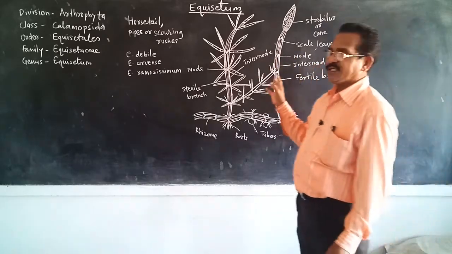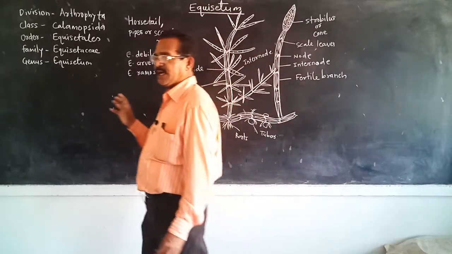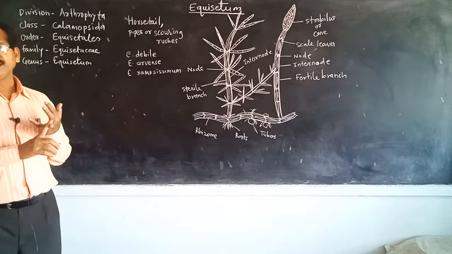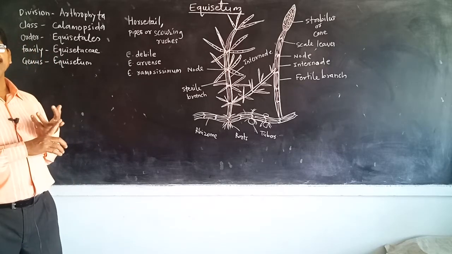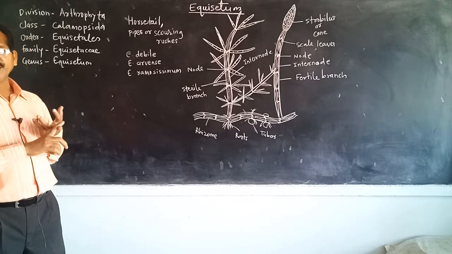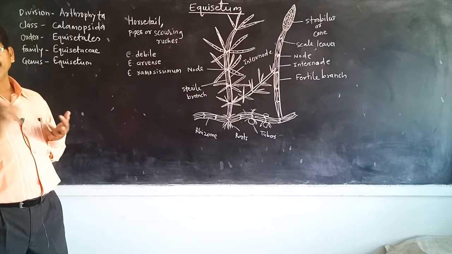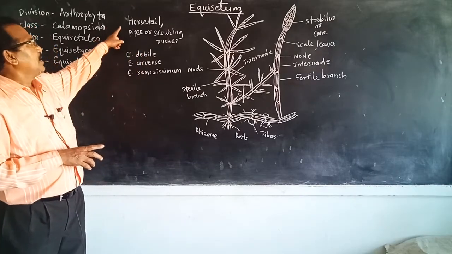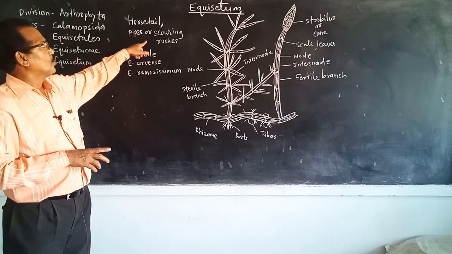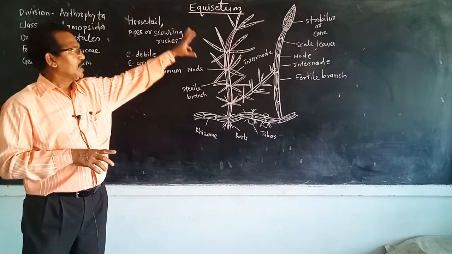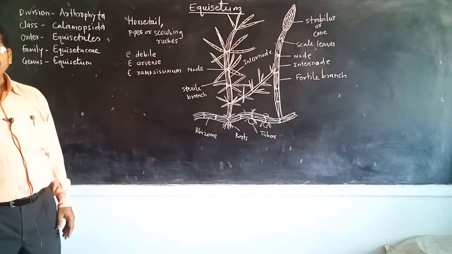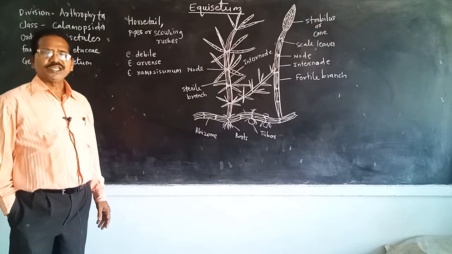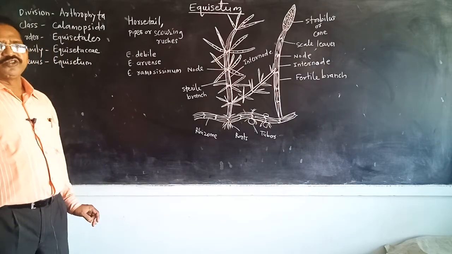Equisetum has a life cycle consisting of a sporophytic generation alternating with a gametophytic generation. The sporophytic generation is dominant over the gametophytic generation, and it is also called horse-tail, pipes or scouring rushes due to its appearance. There are about 30 species worldwide in distribution except in Australia and New Zealand.